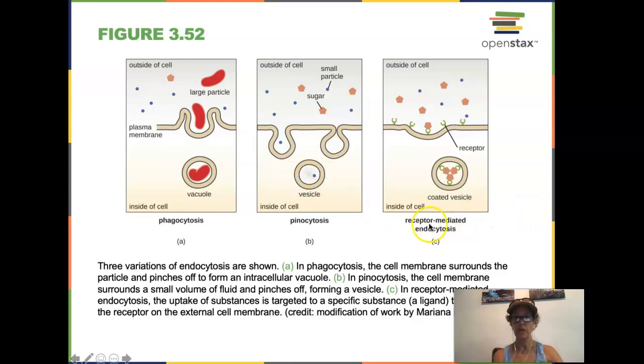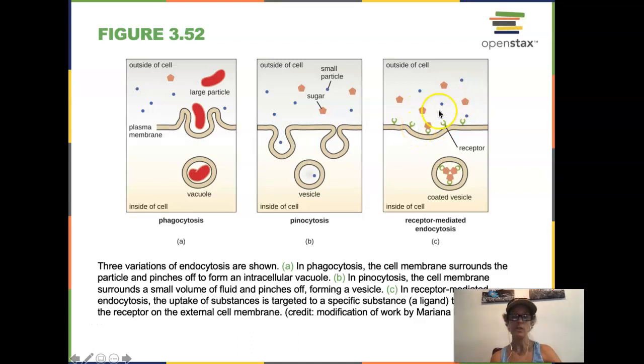And in the last one, we have receptor-mediated endocytosis. It looks a lot like phagocytosis, but here the cell recognizes something to bring in. Receptor-mediated means we are looking for a very specific something to bring in. It might be a food molecule.